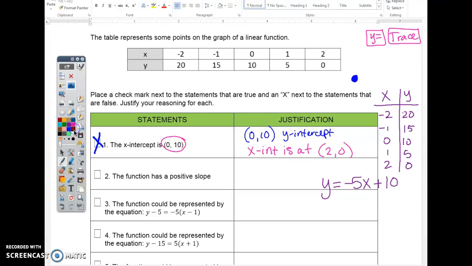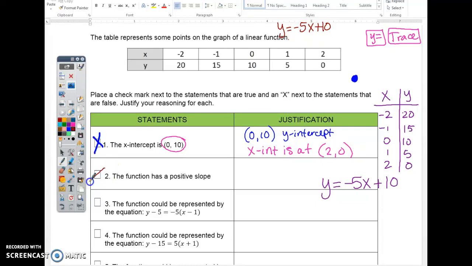All right. Problem number 2. The function has a positive slope. Okay, what was my equation? My equation was y equals negative 5x plus 10. Is that a positive slope or a negative slope? It's a negative slope.